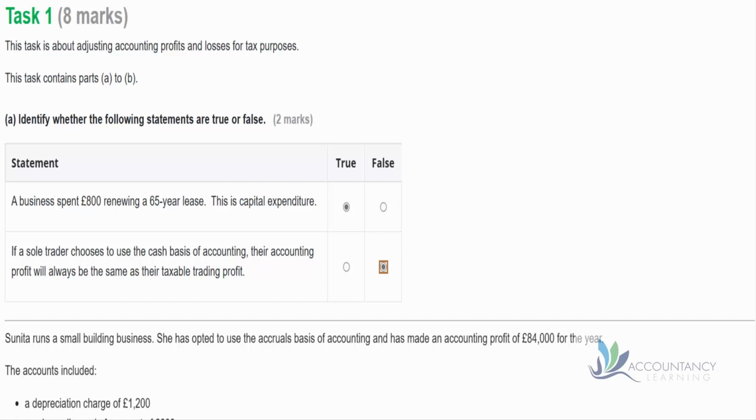Also, land and buildings would be included as capital items and therefore would not be adjusted for in our profit or loss. Also, if any goods are taken from the business by the owner for personal use without reimbursing the business, under the cash basis a just and reasonable amount should be added back, and therefore the accounting profit won't be the same as the trading profit.